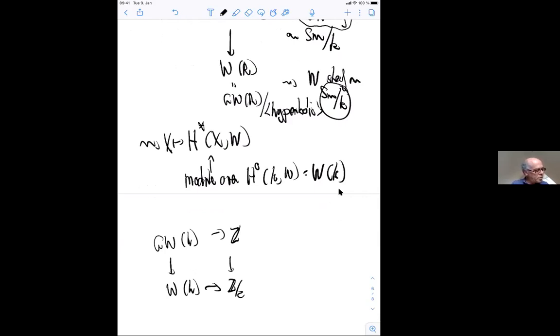And so you can recover an element here by knowing its rank and knowing its image in the Witt ring. So you don't really lose too much information by passing from the Grothendieck-Witt ring to the Witt ring.